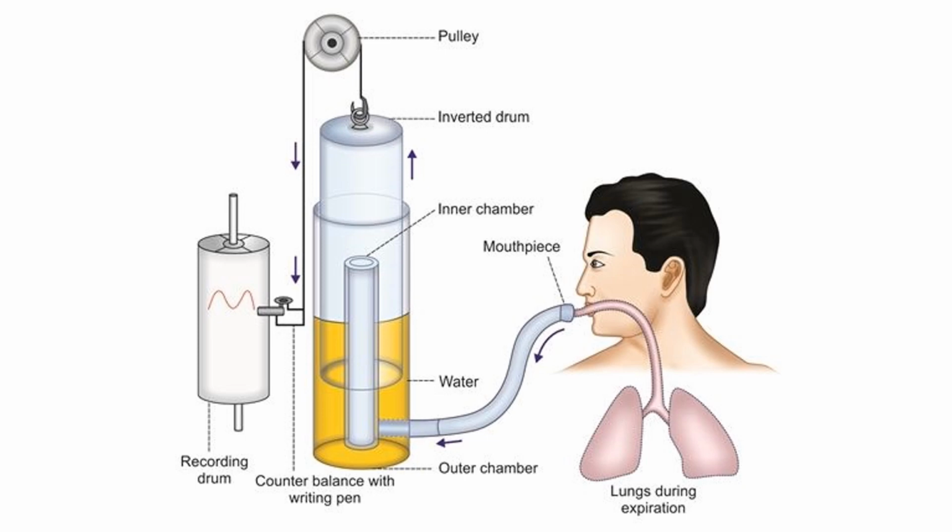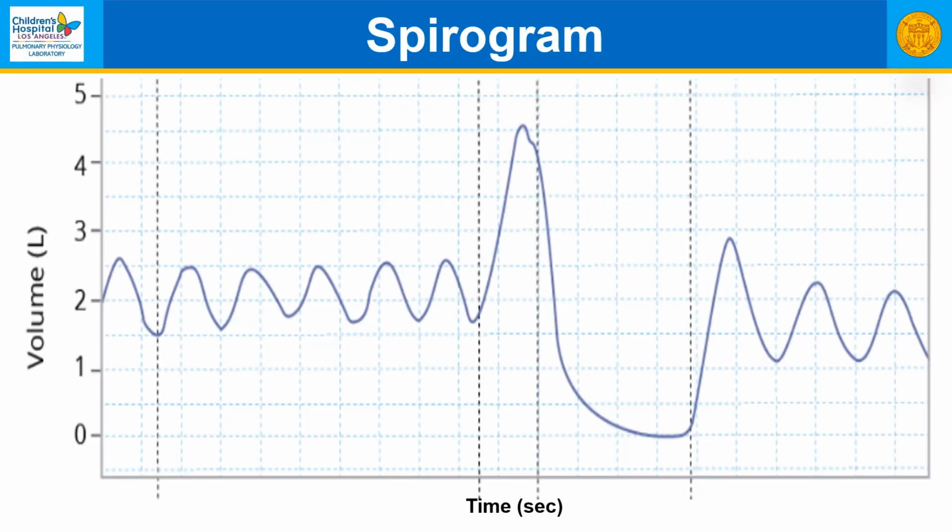These classically are water-filled to trap the gas that's in here. And this gives you a spirogram, so if this is somebody breathing normally, they take a deep breath in all the way, blow it out hard and fast as far as they can, and then resume normal breathing again. So you can get this by direct measure from a spirometer.